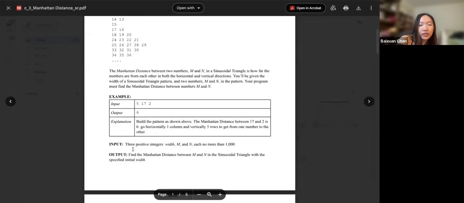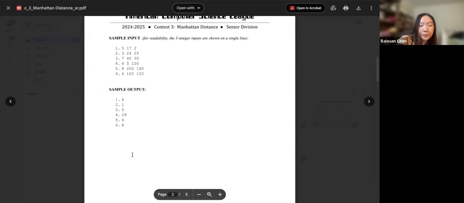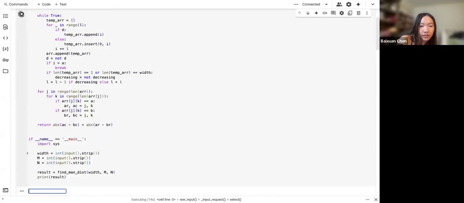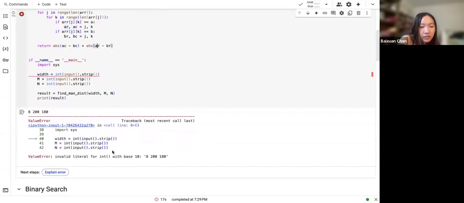Oh, we can do a test case just to see if it works. Let's try number 5. So the answer is 4. I think that there's something wrong with the input.